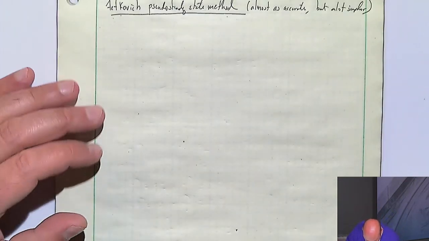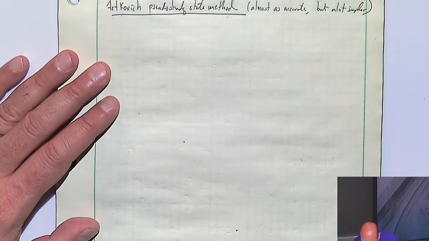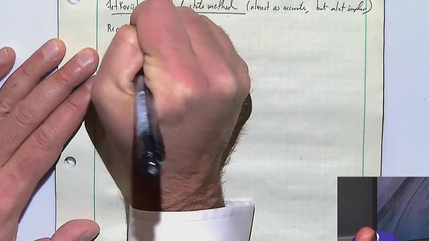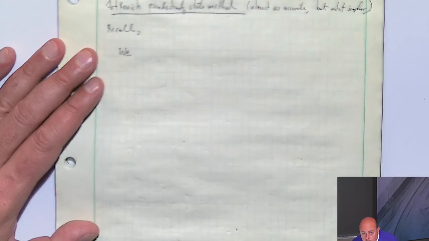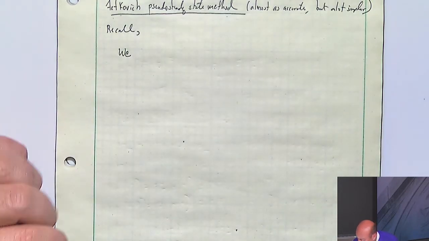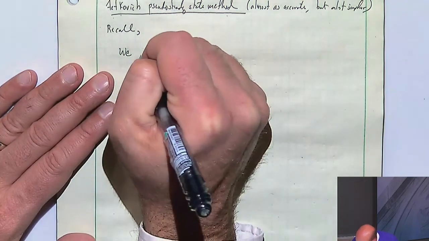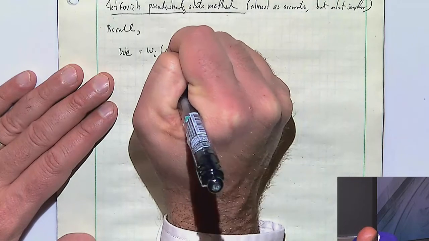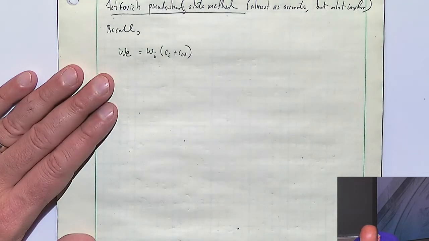So what we have is, recall that WE, we'll call this WE, is equal to WI times CF plus CW, the formation and water compressibility, times PI, the initial pressure, minus PA bar, the average aquifer pressure.